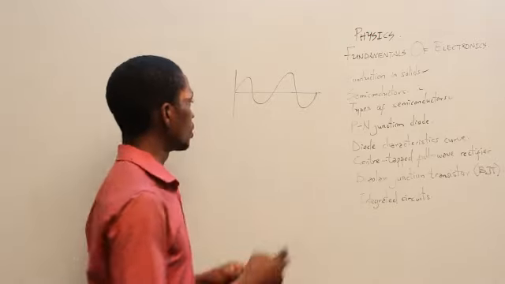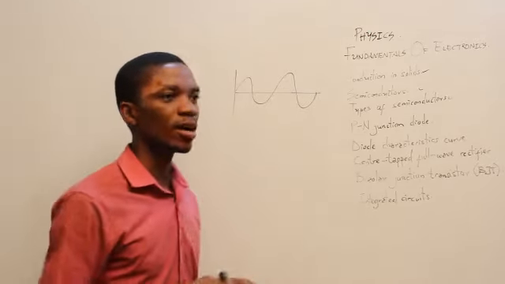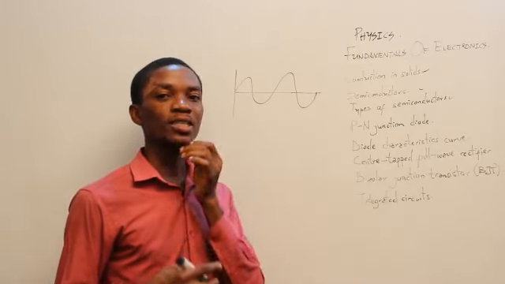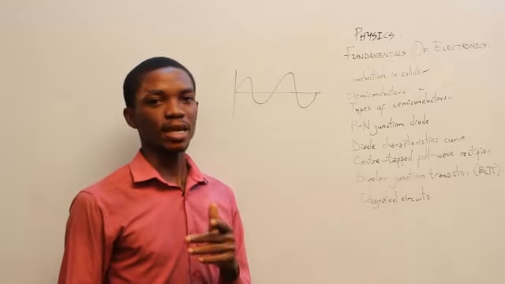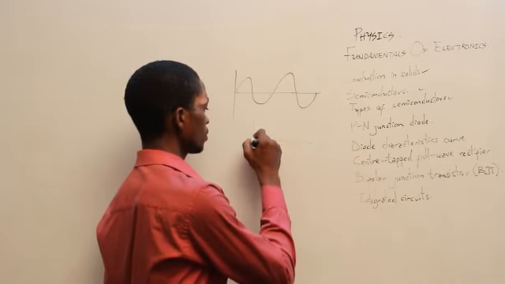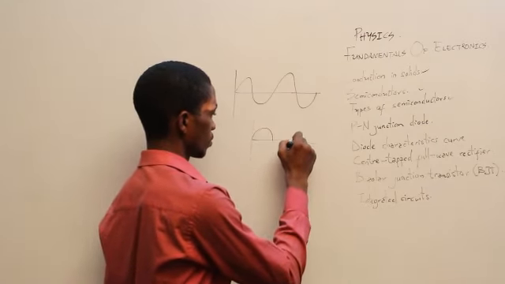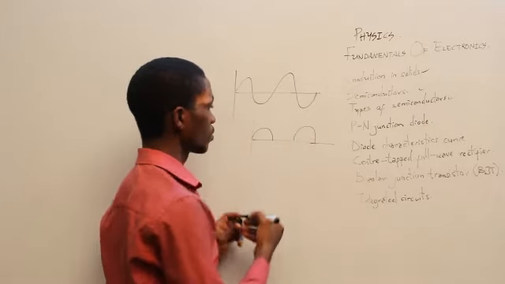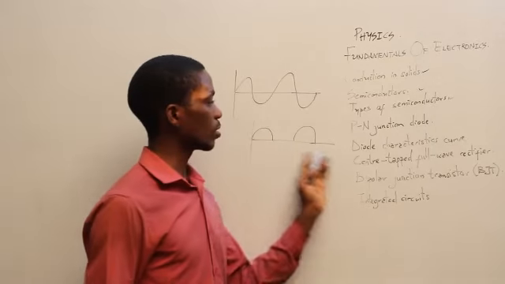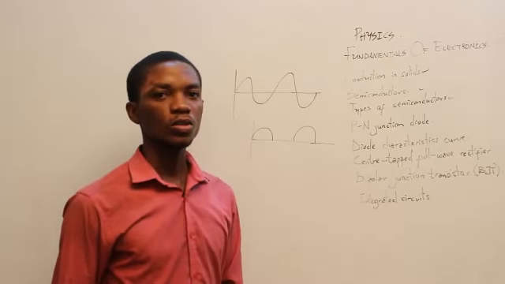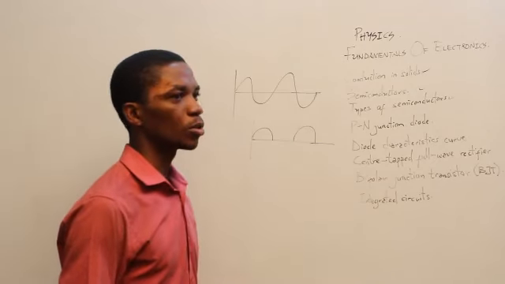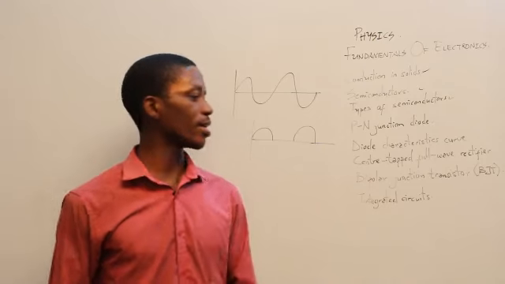The diode would allow the flow of electricity from one side to another without allowing the flow in the other direction, and we will have something like that coming out of this. The down parts of it would not occur. So that is what the diode would do in a condition like this. So we use a diode to serve as a rectifier.